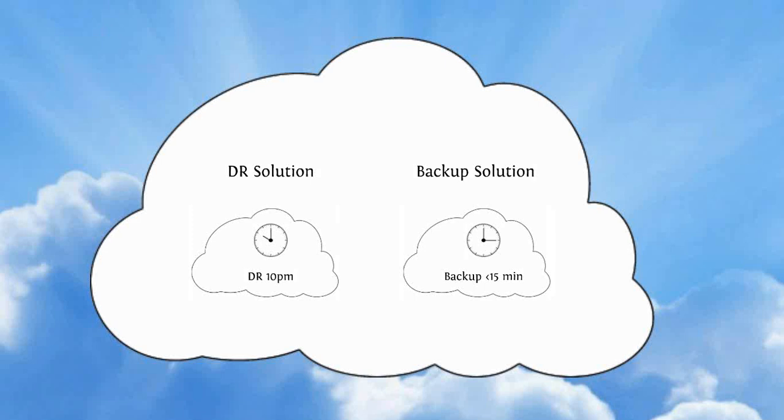However, if you're running a backup solution alongside it, the agents and the software backing that up every 15 minutes will have been backing that up through the day up to, let's say, 3:45, because it's taking a 15-minute snapshot. Once we bring that disaster recovery environment online, as it was at 10 p.m., we can then use the backup solution to roll forward the changes to within 15 minutes of the disaster, i.e. we can make those systems look like they were at 3:45.